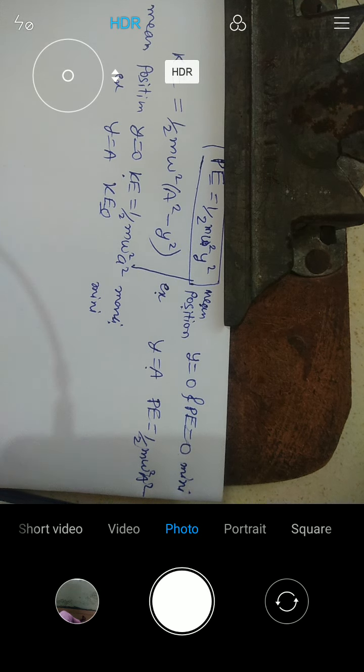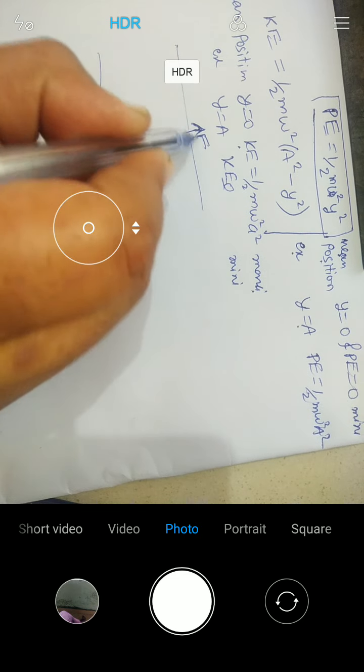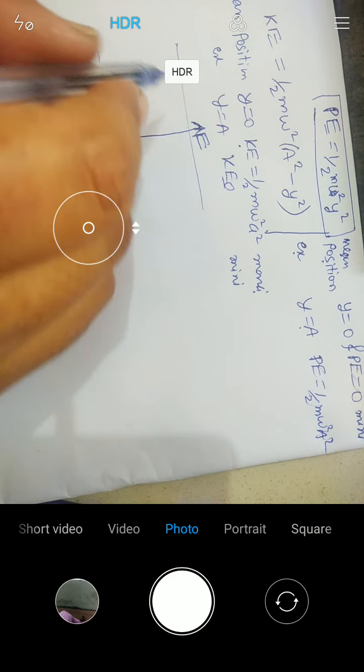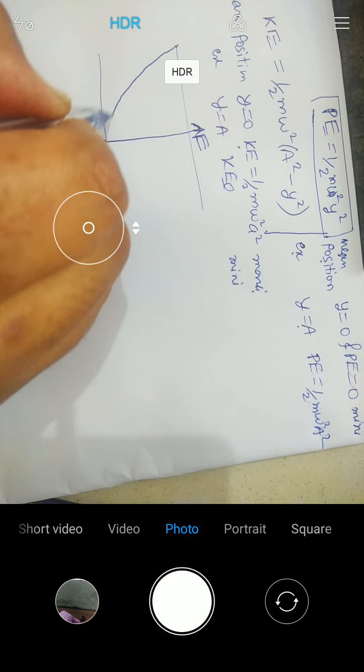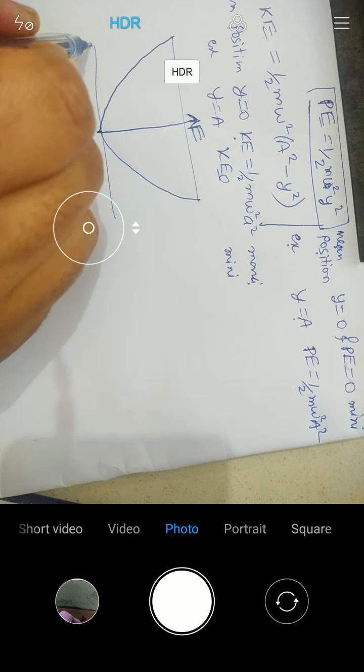Then after that, the displacement energy curve of a particle executing SHM. We'll see the displacement energy curve of a particle executing SHM. This E is the energy, and I will draw here.